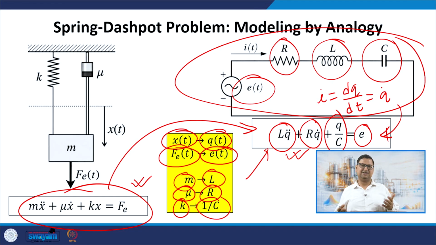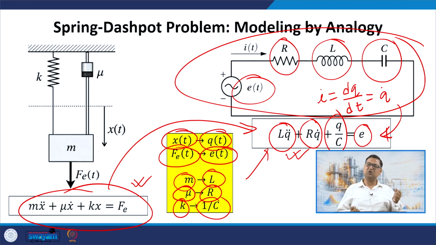The only problem is that one needs to have this kind of physical intuition that this RLC circuit looks very similar to the Spring-Dashpot problem that we have there, right? In fact, the Spring-Dashpot system itself is a model by analogy of something known as a viscoelastic liquid or a viscoelastic fluid, right?